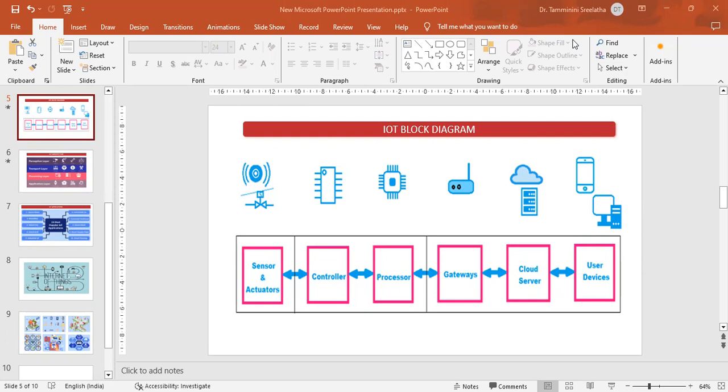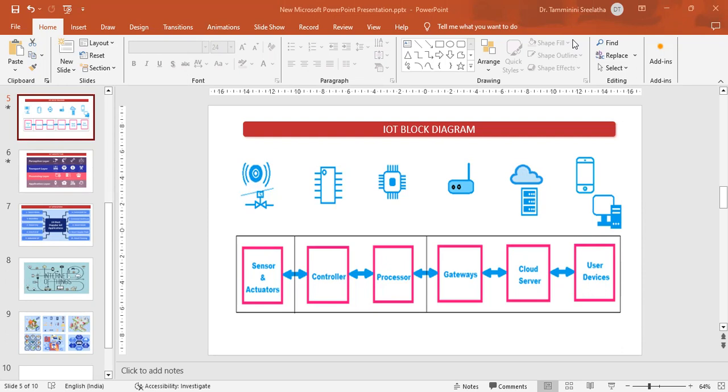Simply we can say a sensor is a transducer, where it will convert one form of energy into another form of energy. We have different types of sensors like humidity temperature sensor, temperature sensor, gas sensor, LDR, like that. So many are there. In future sessions, we will see in detail about our sensors.